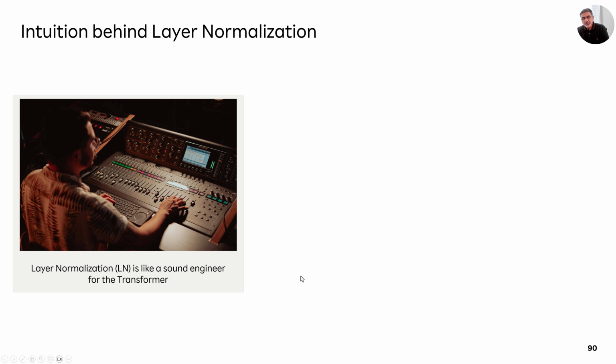An intuitive way, an analogy to understand layer normalization, is to think about it as a sound engineer for the transformer. So what does it mean? We know that the multi-head attention helps the transformer figure out how words are related to each other. We got that, correct?